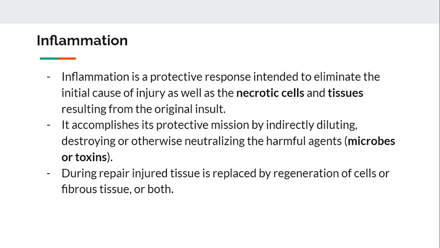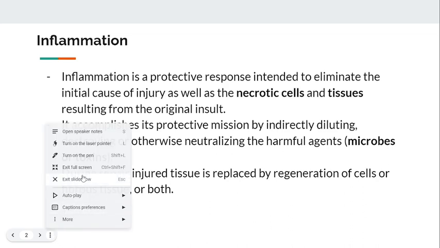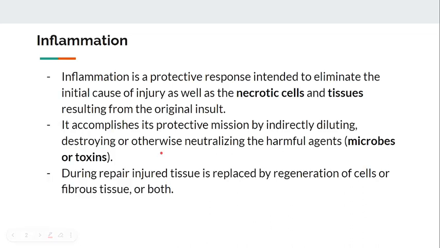It accomplishes its mission by indirectly diluting. So take note, we're talking about indirectly diluting. Inflammation indirectly dilutes toxins, causing neutralization so that the harm can be neutralized.